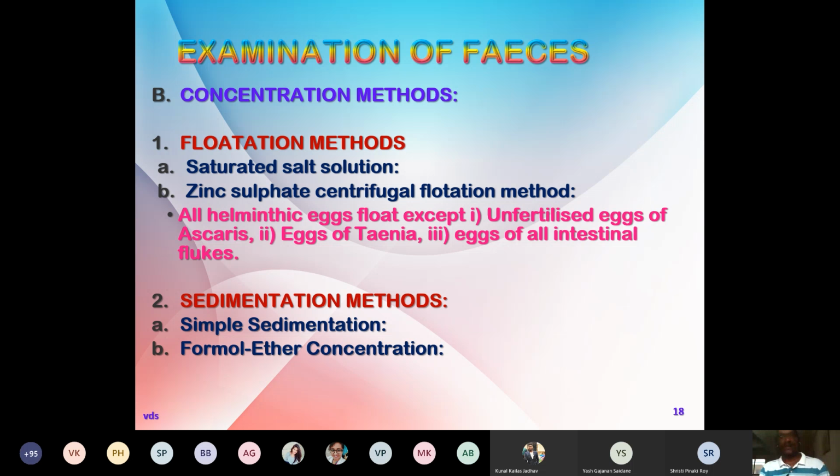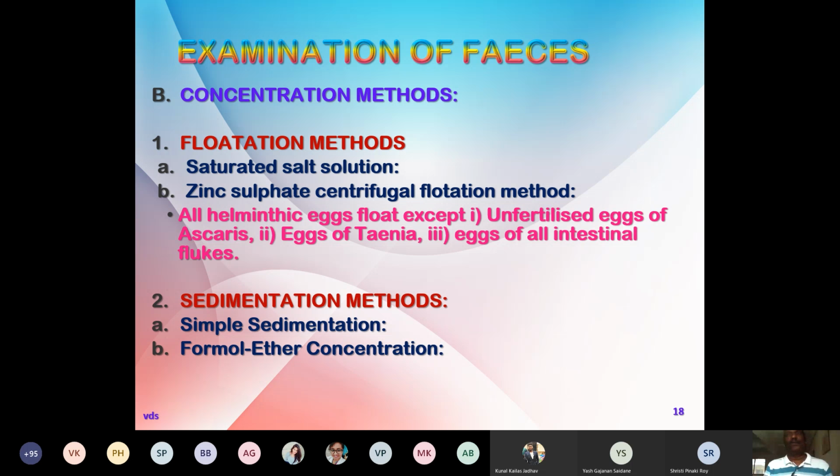Now to this suspension, we add 4 to 5 ml of ether, because of which the suspension becomes of low density. Remember, here the density of the suspension becomes less. And after that, when it is centrifuged, all the eggs get sedimented at the bottom of the tube.